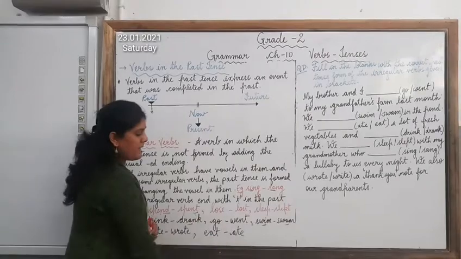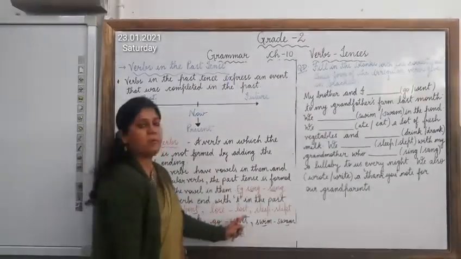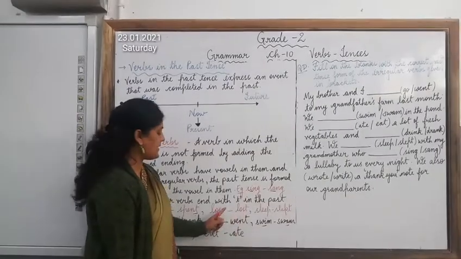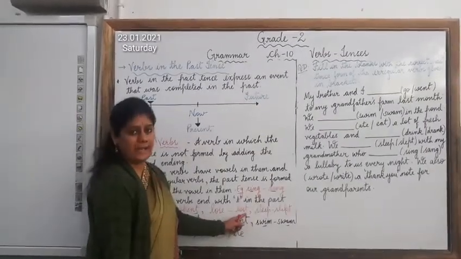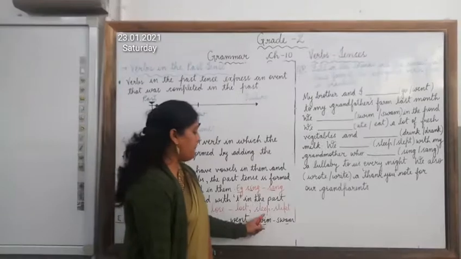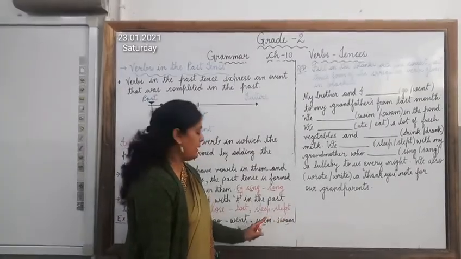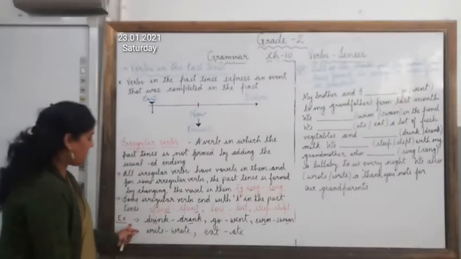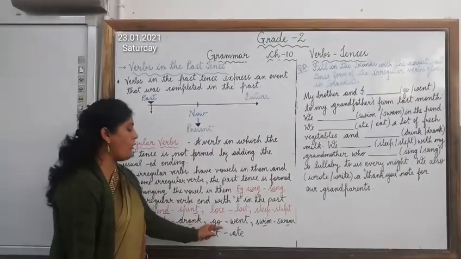One more example is there, lose will become lost. Here also in the past form, instead of e we have added t. Sleep, slept.